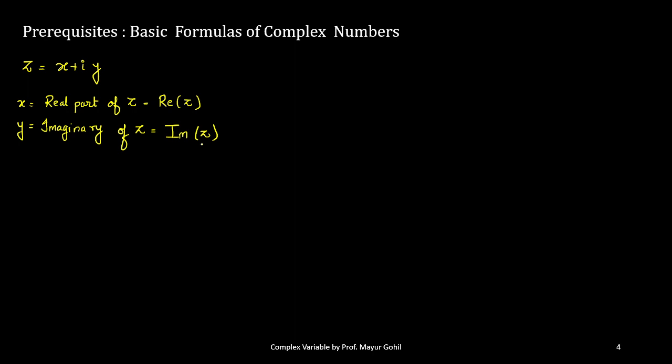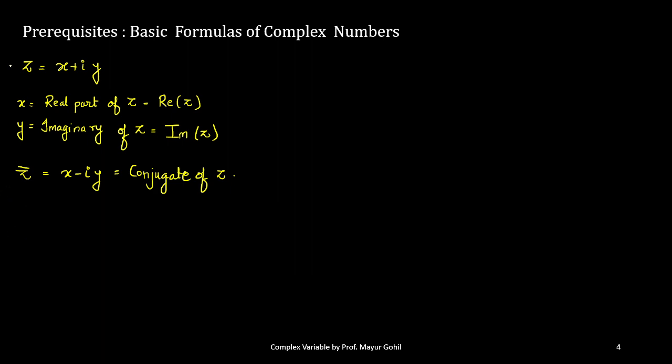Having known this notation, we also would like to know that z bar is known as x minus iy. It is called the conjugate of z. So that is the conjugate.